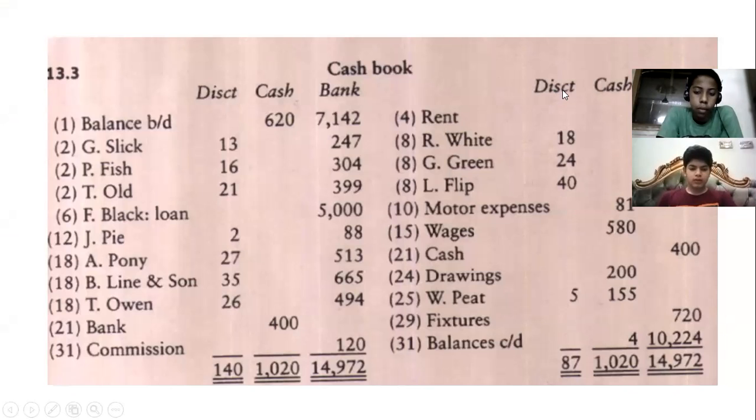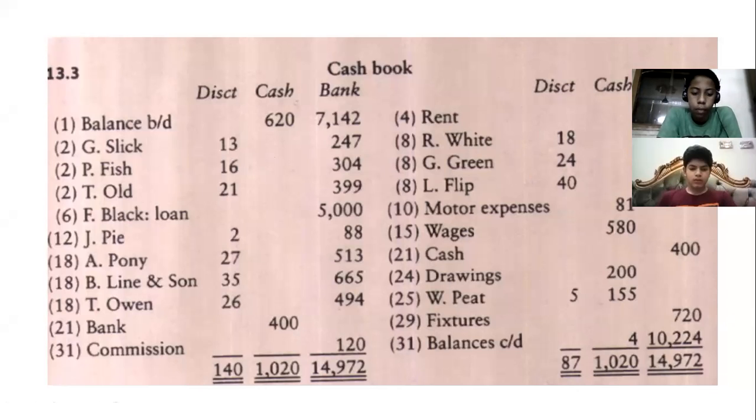And remember the reason: you have to receive 260 pounds, but you received only 247. You have given the discount to your customer, which is called discount allowed, because you are allowing the discount to your customer. On the other side, when you are paying the amount and paying less, that means you are receiving the discount. Is it clear?